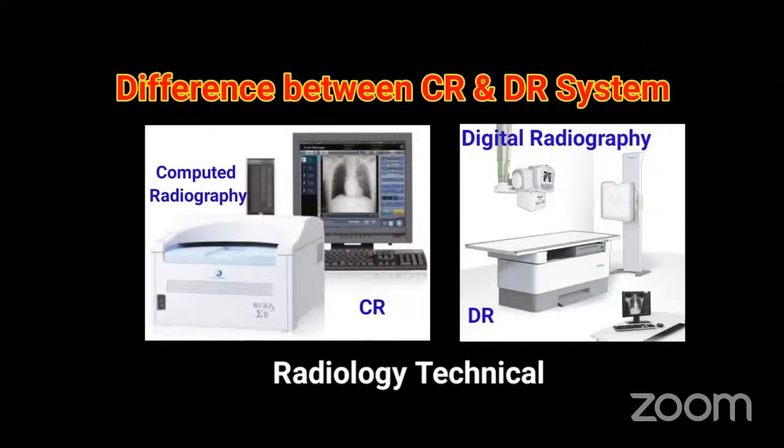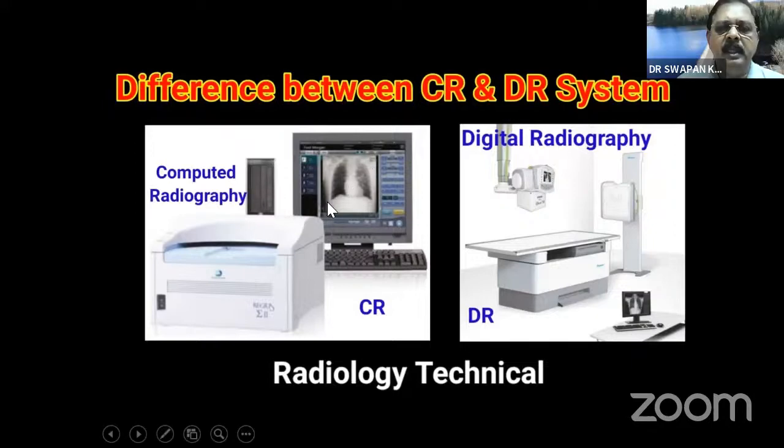This is the computer radiography. What you see is the old one, and this is the computer where we can modify the X-rays and then print from this console. In digital radiography, there is no need of this machine. You can directly see from the computer and get a printout.